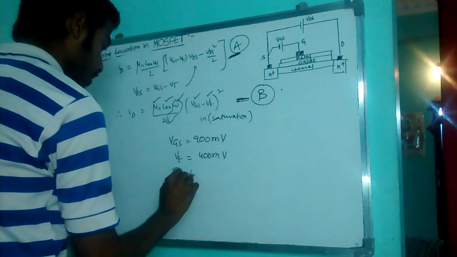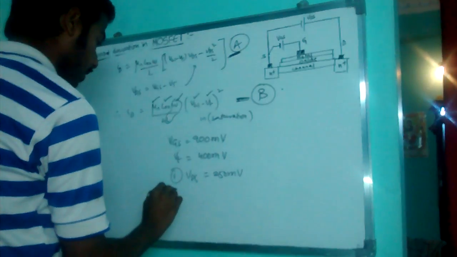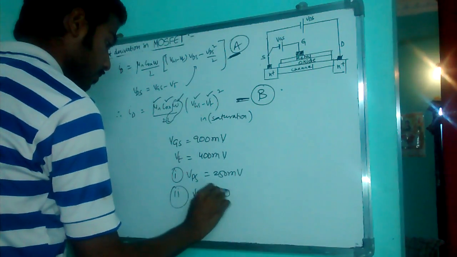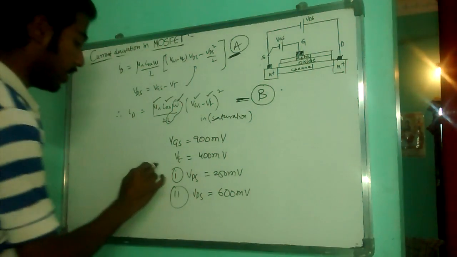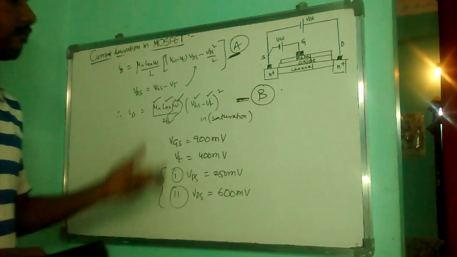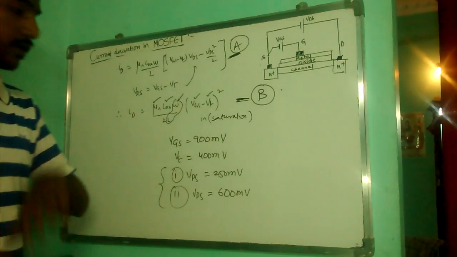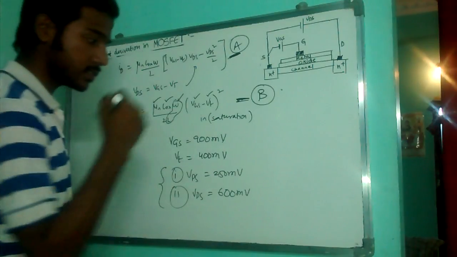First case, VDS equal to 250 millivolt. Second case, VDS equal to 600 millivolt. Now they are asking to find in which region the MOSFET is operating for these two voltages.